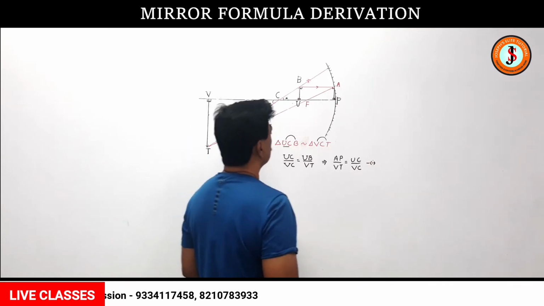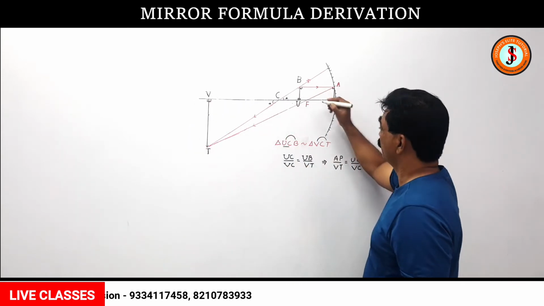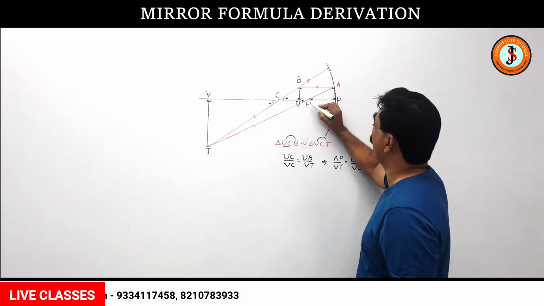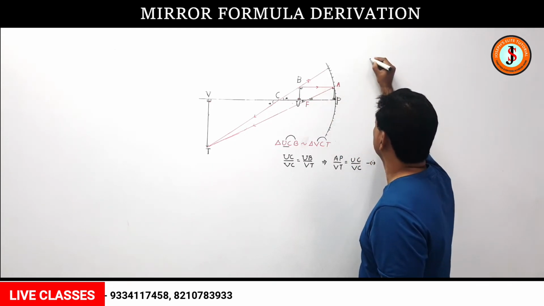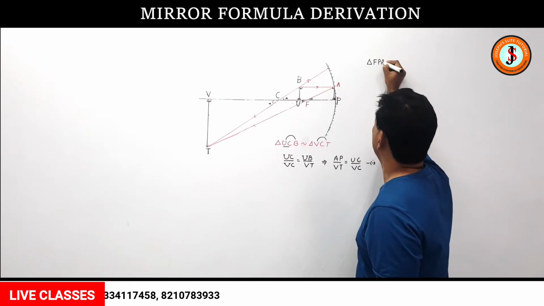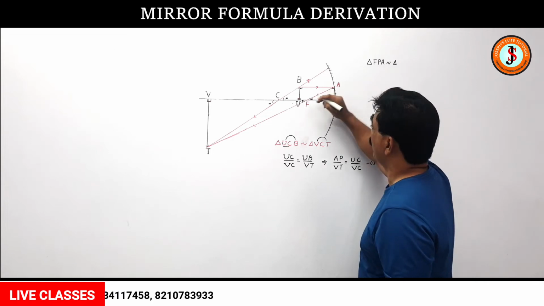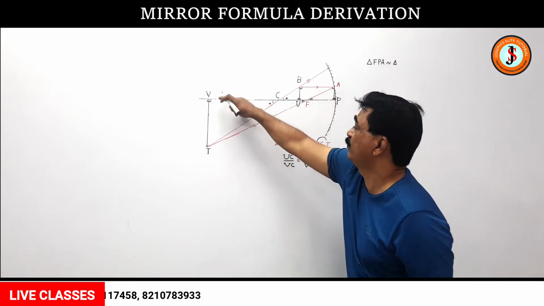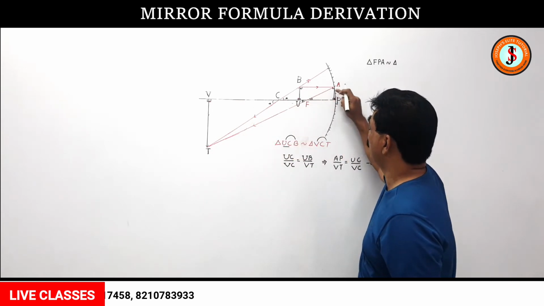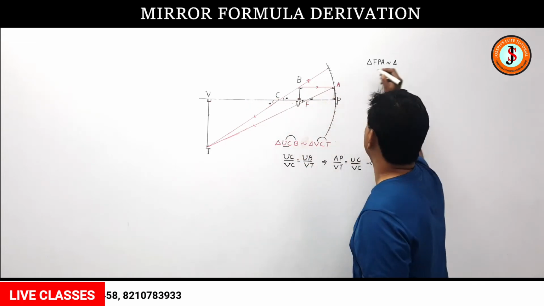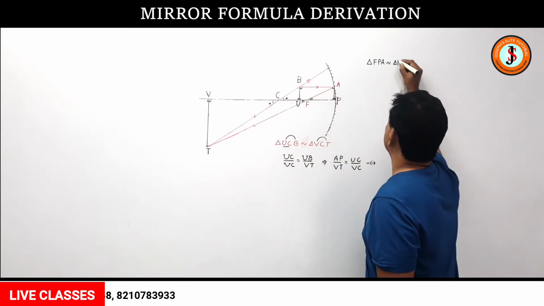Now let us come to the larger triangles over here. These two triangles also will be similar. What are the triangles? Triangle FPA will be similar to triangle FVT, isn't it? Triangle FPA is similar to triangle FVT.